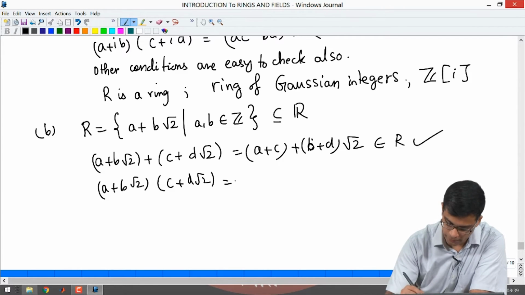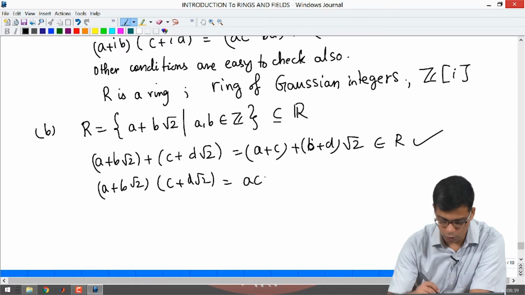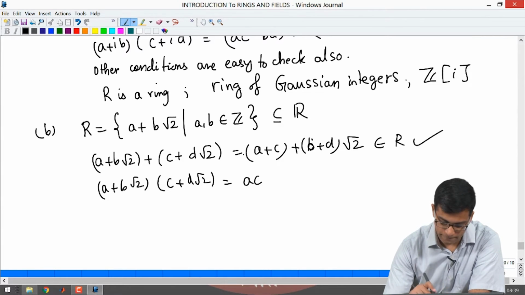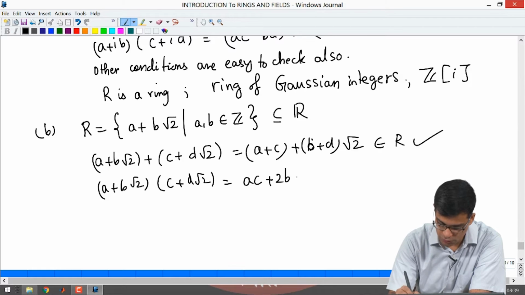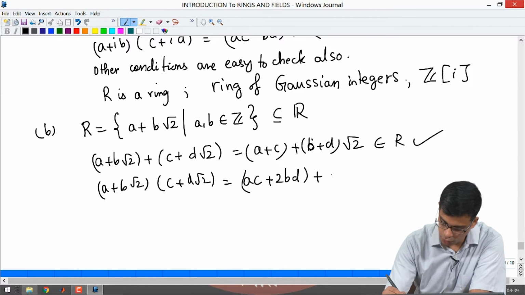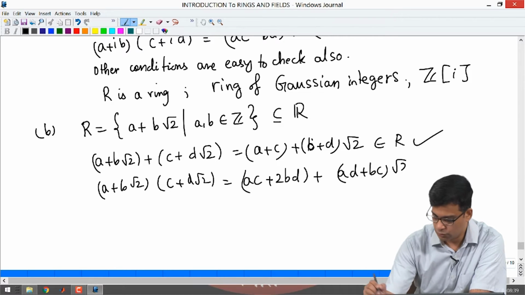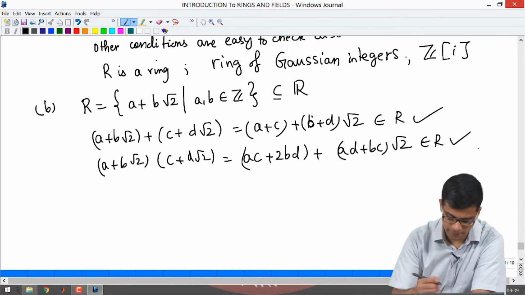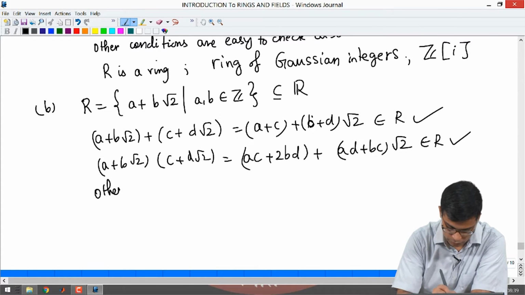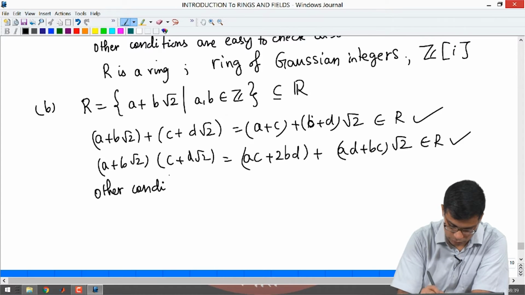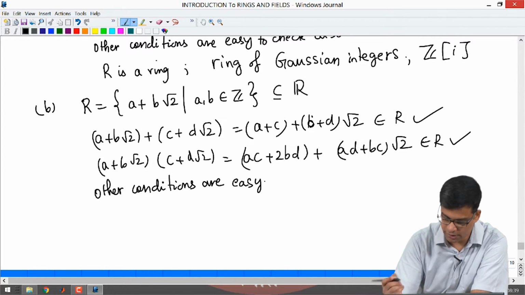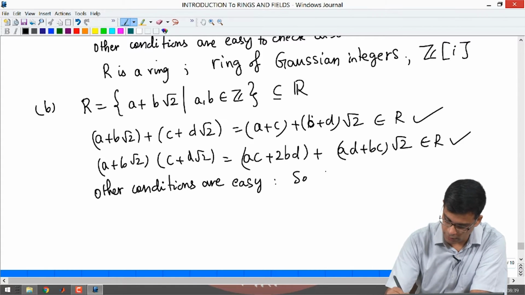Now root 2 times root 2 is 2, so it will be ac plus 2bd, plus the root 2 term will be ad plus bc. This is also in R, and the other conditions are also easy, that I am going to leave for you. The crucial thing, as I said, is the product. So, R is a ring.